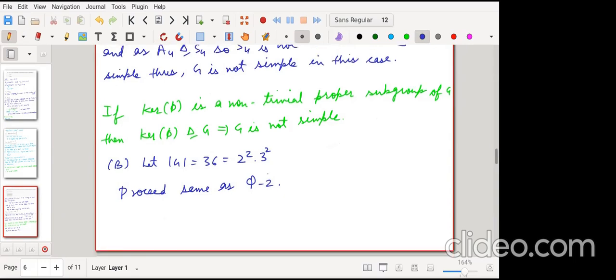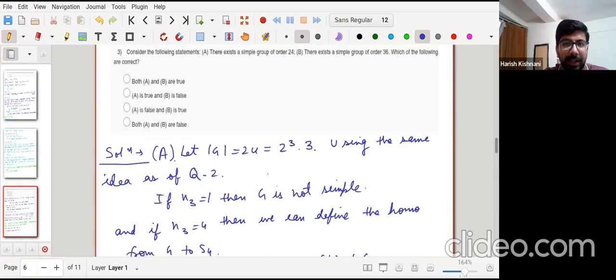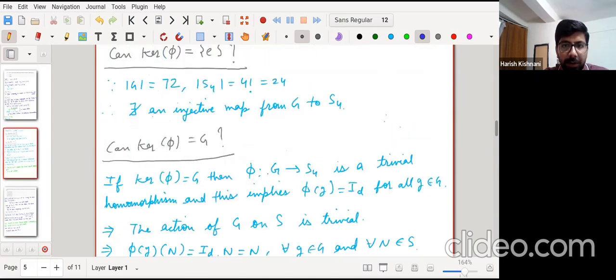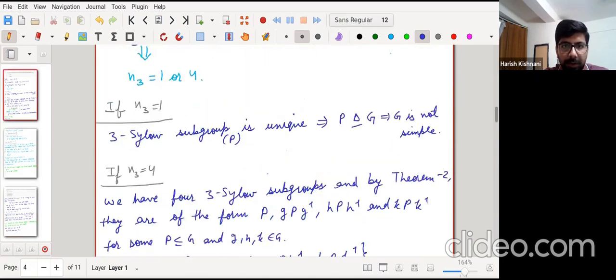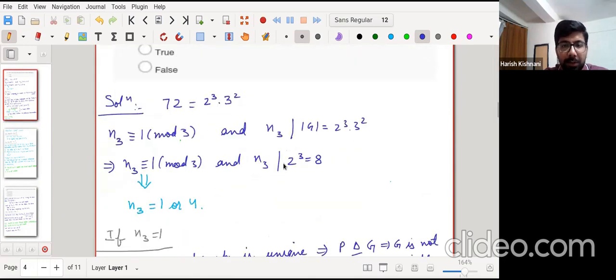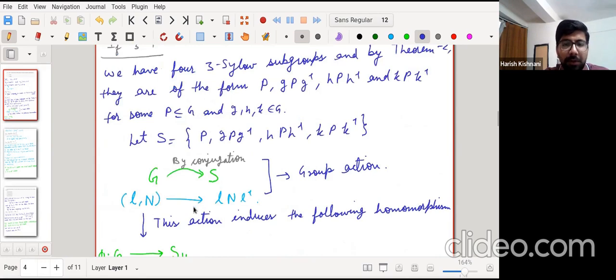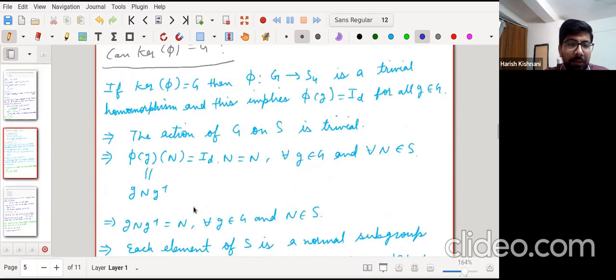Because there we had N3 dividing 8, and then we got the possibilities 1 and 4. So if we take N3 dividing 2 squared, it's going to be 4. We have the same possibilities, N3 is 1 or 4, and then you proceed in the same manner. So this one less power of 2 doesn't make a difference.